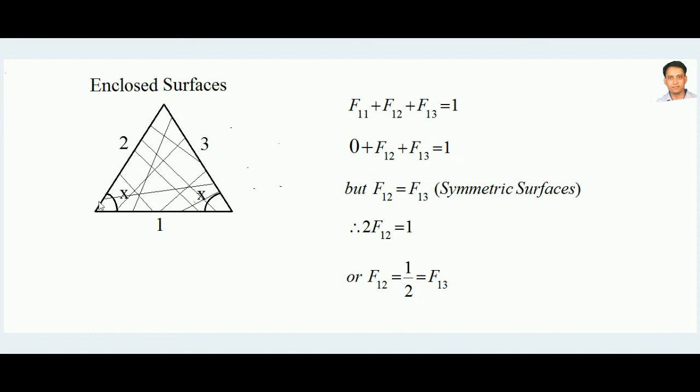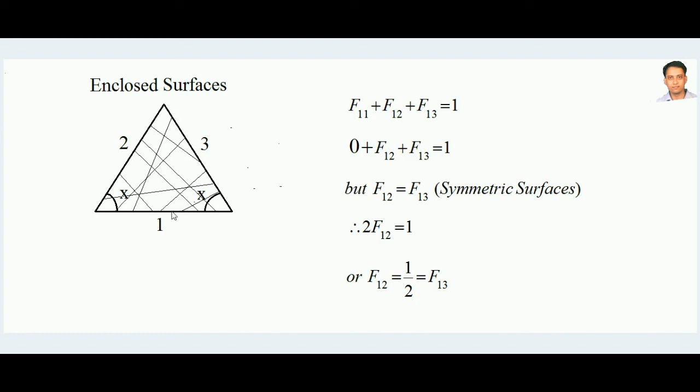But these two surfaces are symmetric to this surface 1. Surface 2 and surface 3 are symmetric to surface 1 because the angles are same. So in this case, by common sense we can conclude that F₁₂ must be equals to F₁₃, because these are symmetric surfaces.